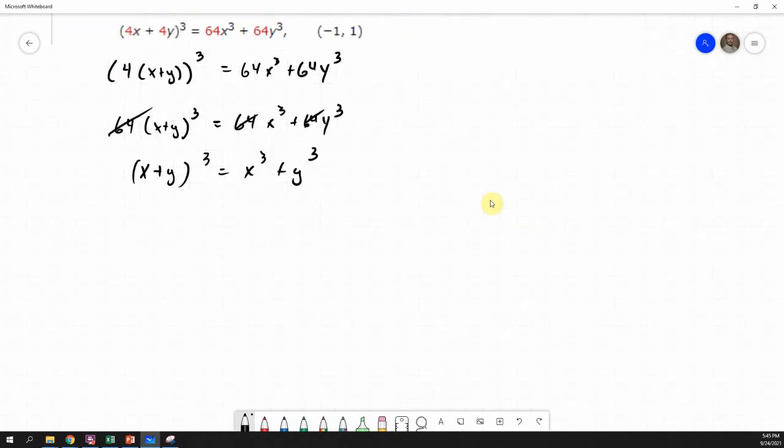So we're going to differentiate both sides. So 3 times x plus y squared times the derivative of x plus y, which is 1 plus dy dx, right? Derivative of x is 1, derivative of y is dy dx, equals 3x squared plus 3y squared.